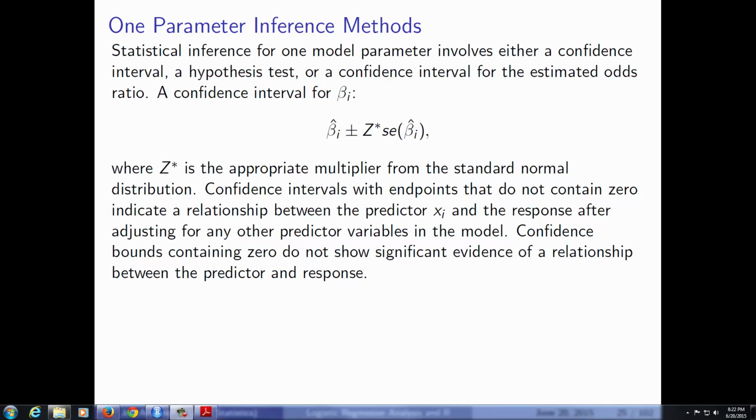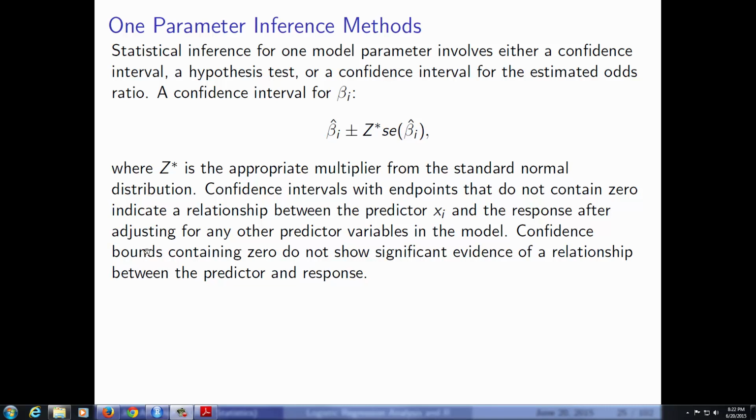Now let's get a little bit more specific about doing inference. You can do inference on the beta parameters just like you always have in regression models. You can make a confidence interval for the beta parameters, and if the confidence bounds are all above 0 or below 0, you know that this particular term has a significant effect on risk.